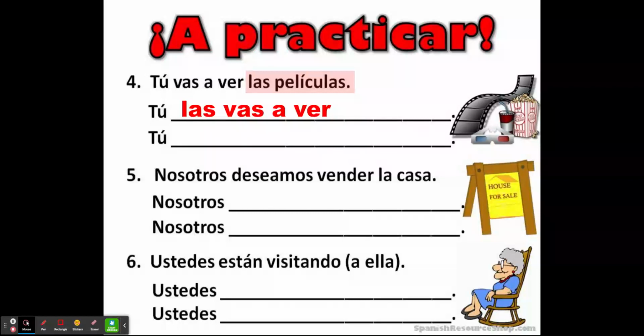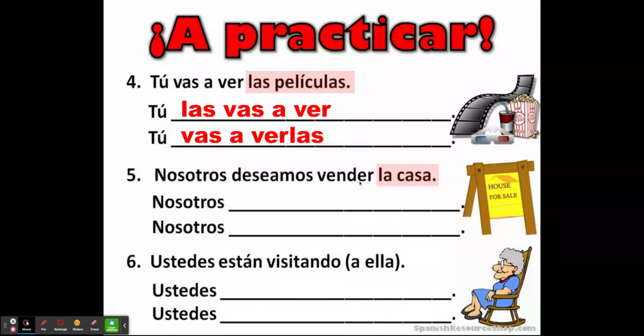And then the second form, vas a verlas. Is there a difference in meaning between the first form and the second form? No, you're saying the same thing. You are going to watch them. Tú las vas a ver. Or the second form, tú vas a verlas.